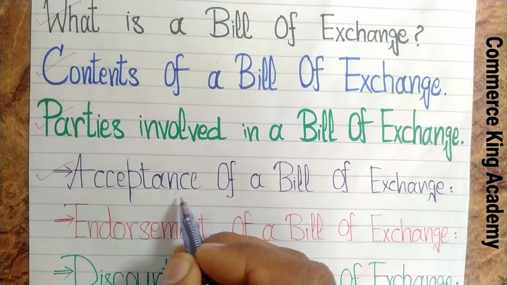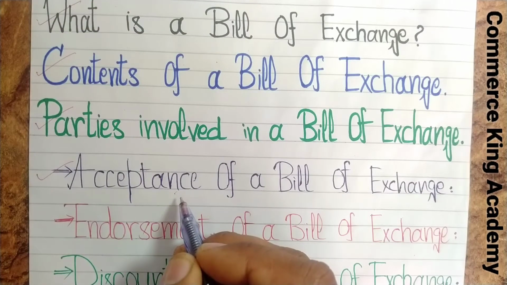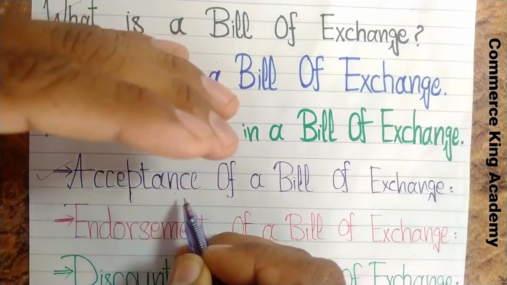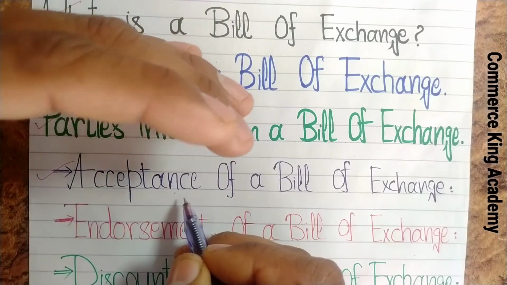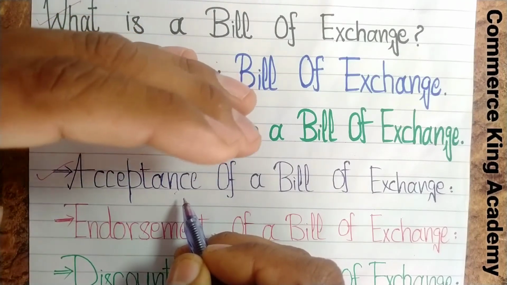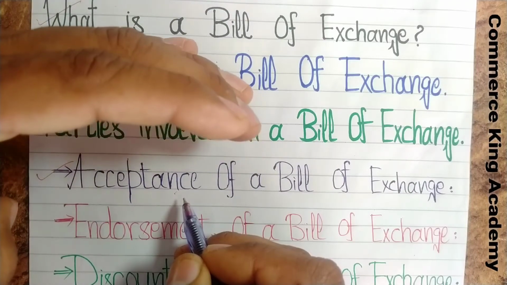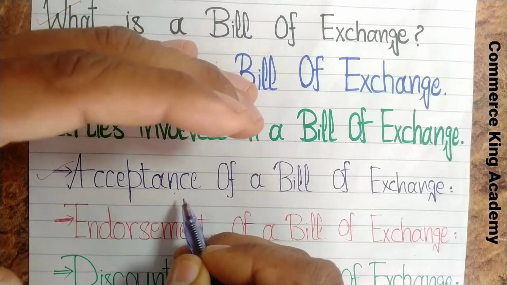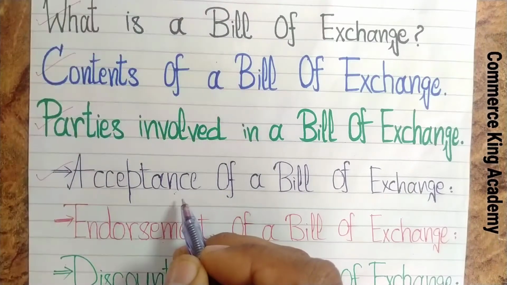For example, for bills payable after certain events, the signature is enough for acceptance. If there is no acceptance date, the bill is supposed to have been accepted on the date of issue.